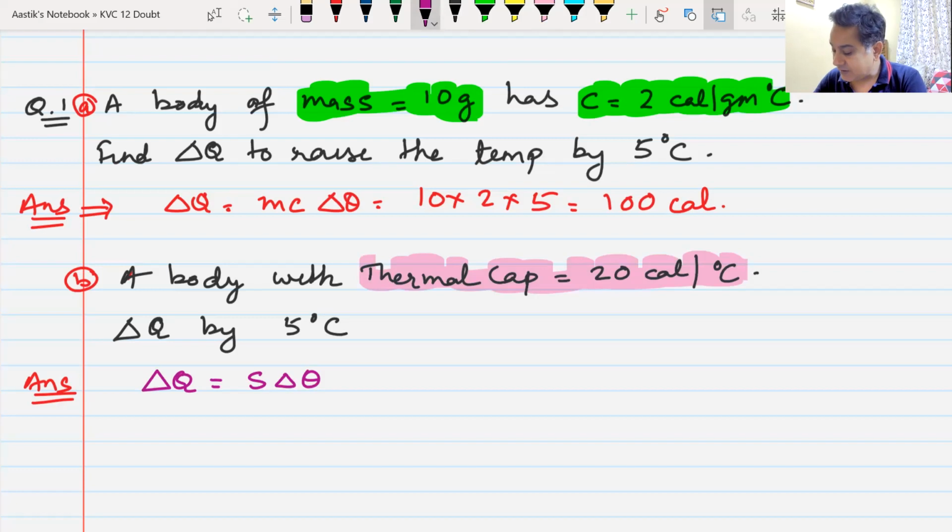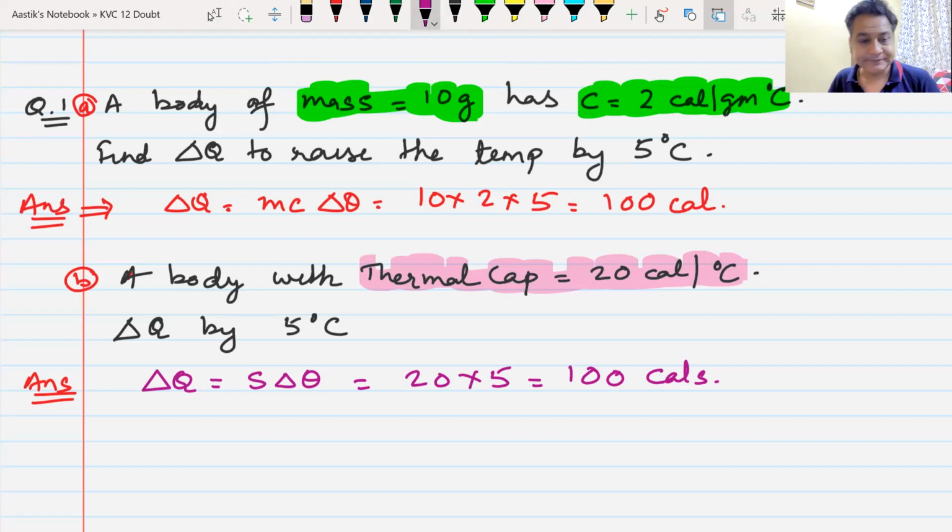So I end up with the answer 20 multiplied by 5, which is 100 calories. Do we understand this? Yes or no? Raise hands, it will give me more confidence since I can't hear you. Okay.